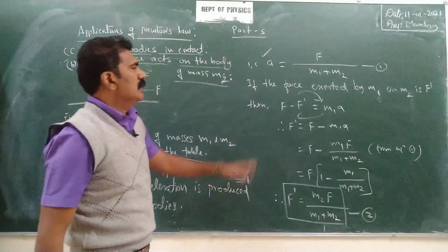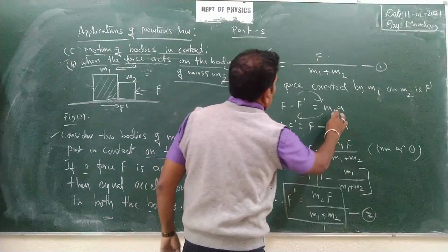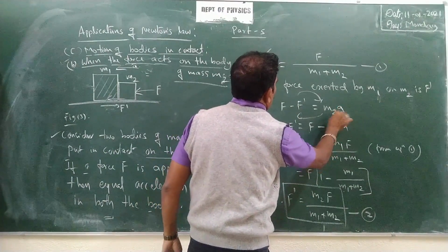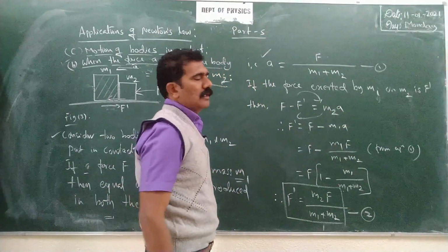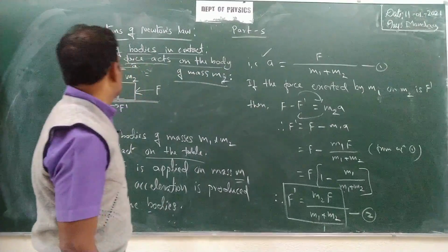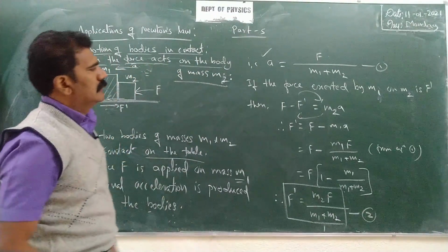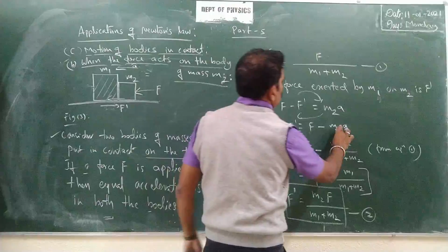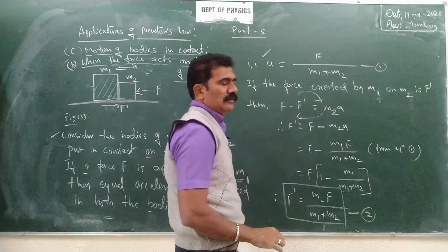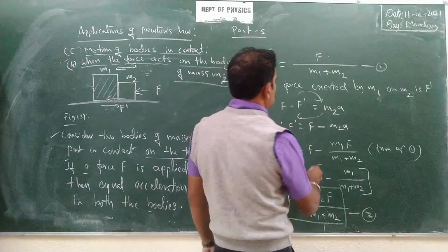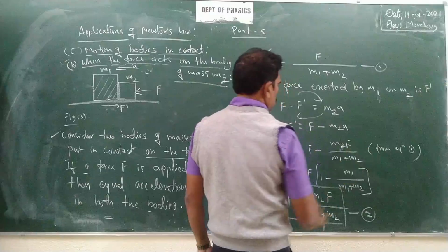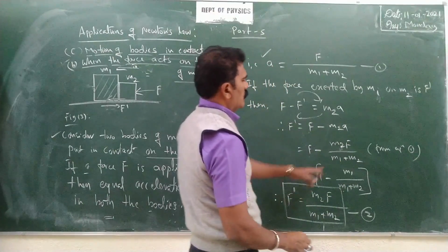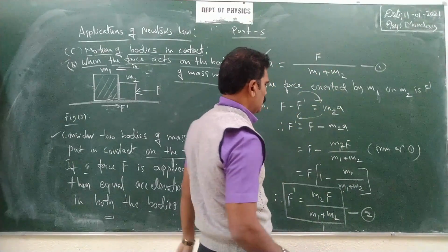Then F minus F dash is equal to what will you write? In place of M1 you should write M2, because the opposing force is now acting on M2 by M1. So substitute M2 in place of M1. That is F minus M2F by M1 plus M2 from equation 1.